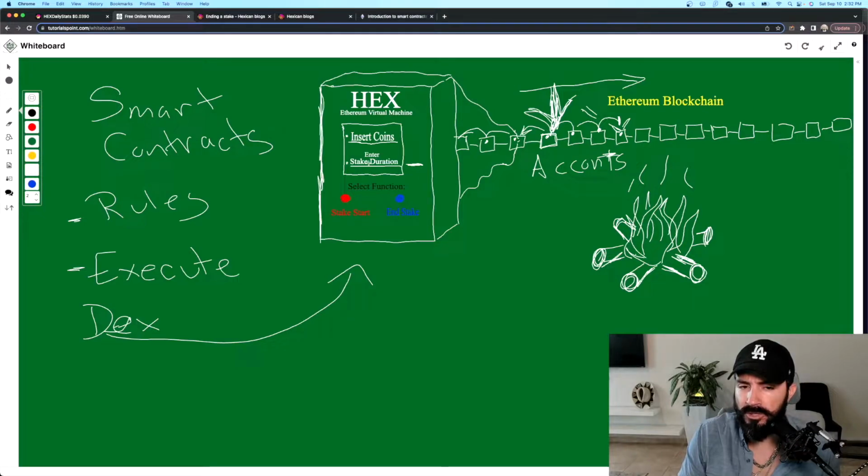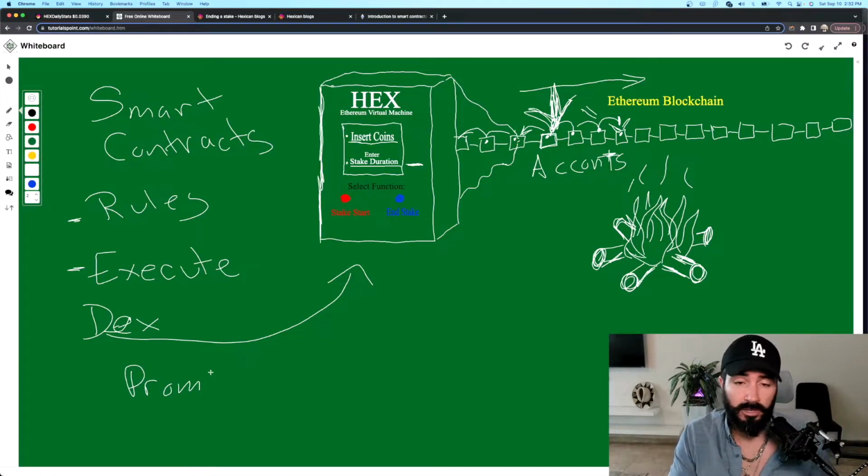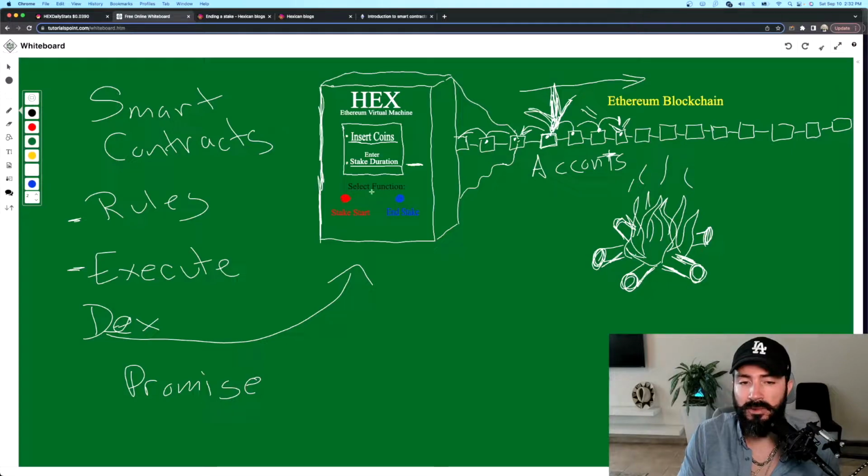When you're entering a duration, you're essentially making a promise to yourself, or you're entering into an agreement. You're entering into a contract, and you're saying, I'm going to lock up this amount of coins for this amount of time, and then you start your stake.